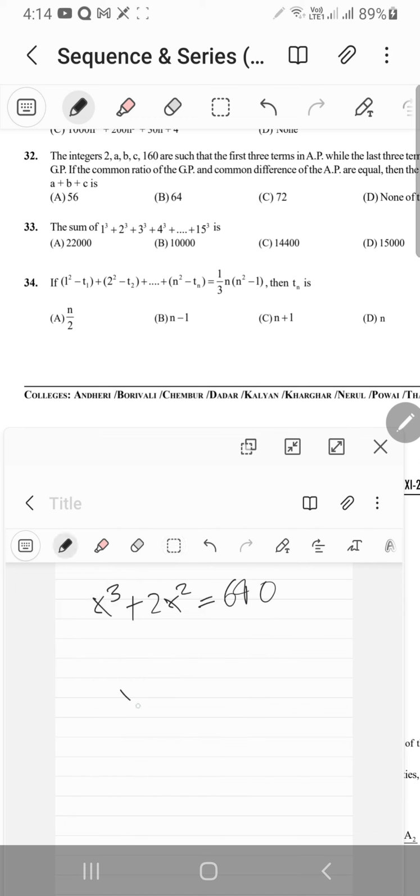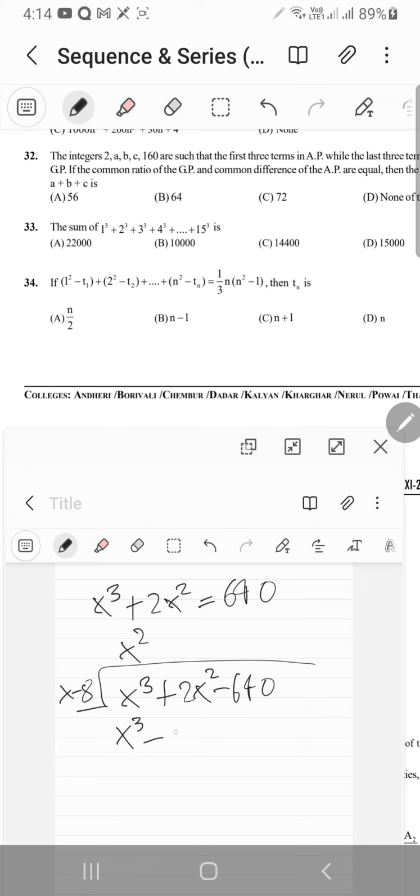x cube plus 2x squared minus 640, and you divide by x minus 8. Let's see if there are other solutions. x squared, x cubed minus 8x squared, subtract this, just get 10x squared.